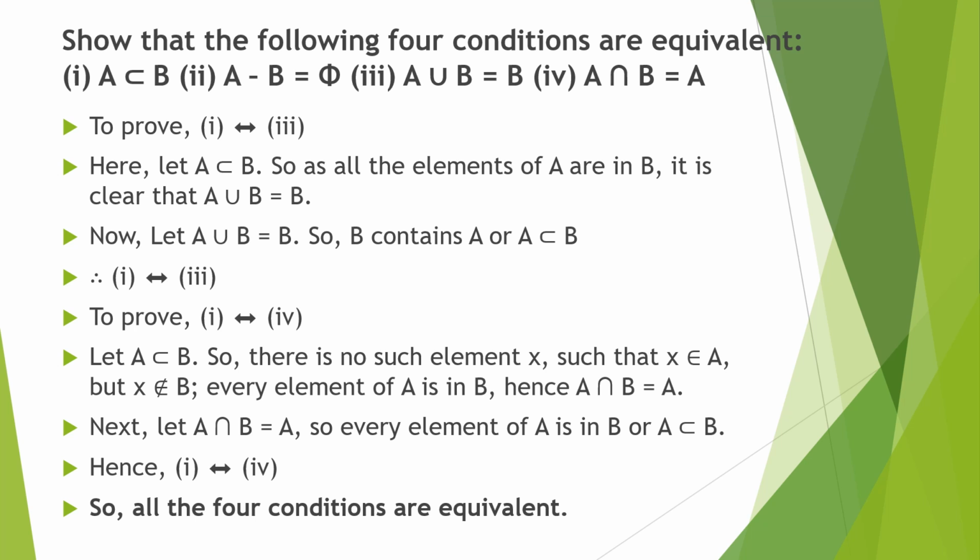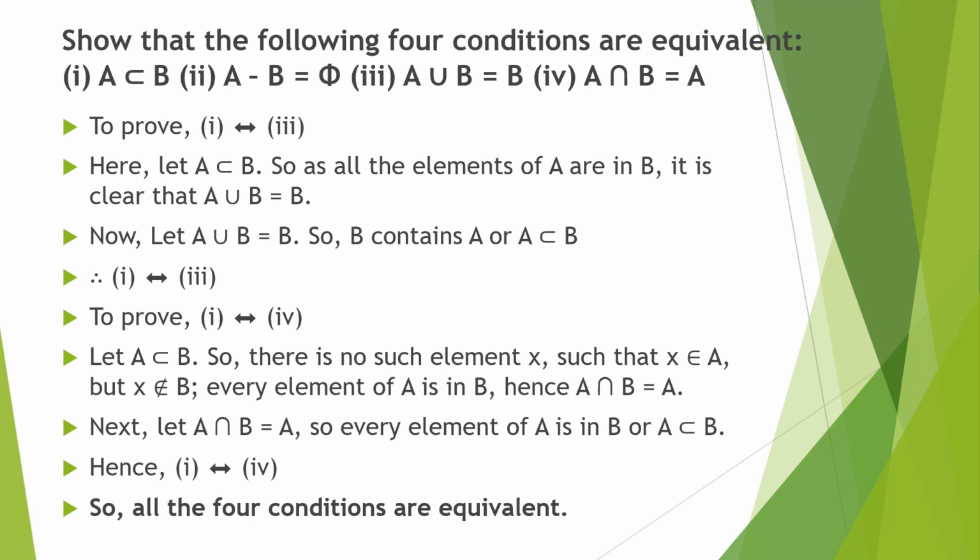Now to prove that 1 double implies 4, again first assume that A is a subset of B. That means there is no element X such that X belongs to A but X does not belong to B, because every element of A belongs to B. Hence A intersection B will be A, because every element of A belongs to B, so their intersection will be the set A itself.